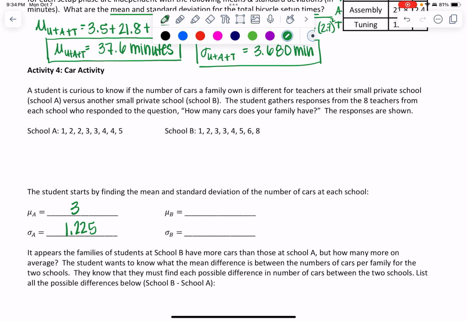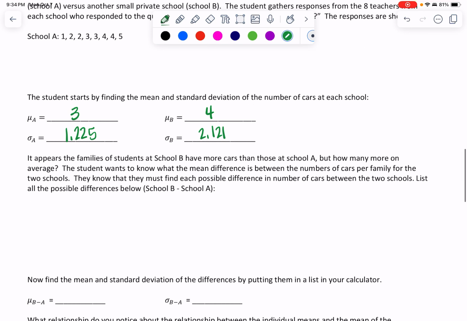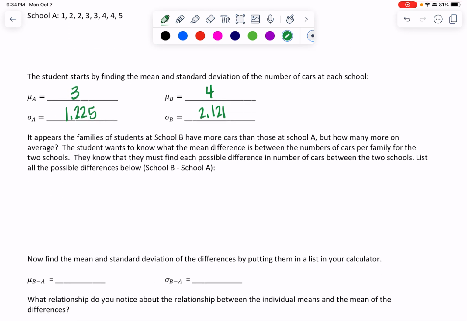And let's do the other one really quick. Our mean is 4, but this time our standard deviation is 2.121. So our data is more spread out. It appears that the families at school B have more cars than at school A. But how many more on average?